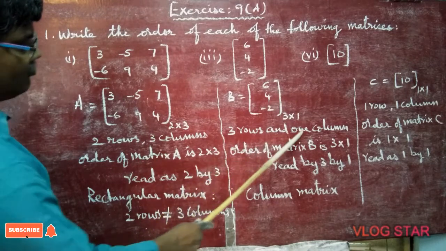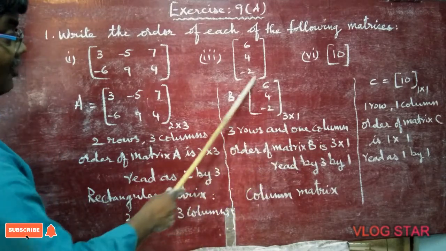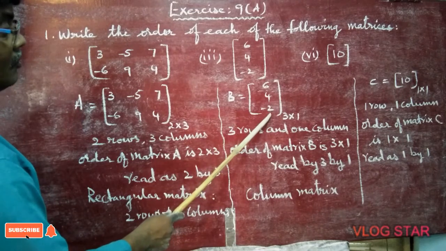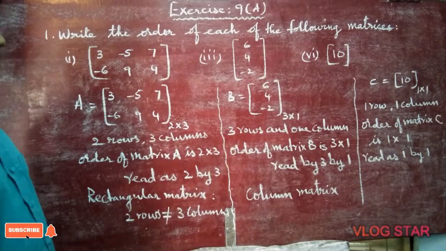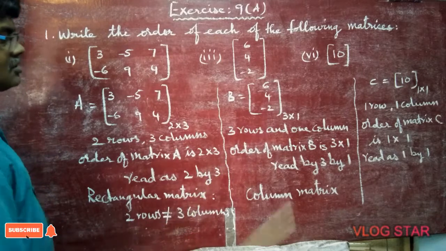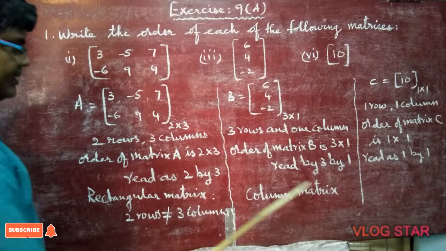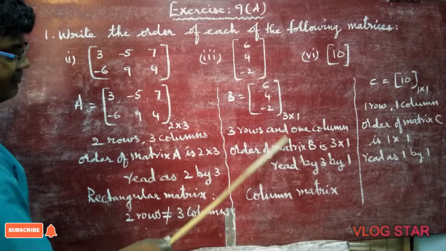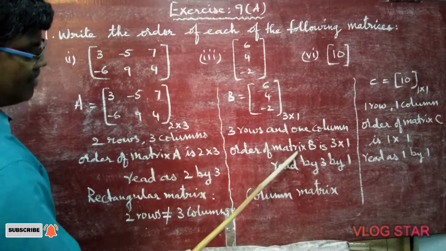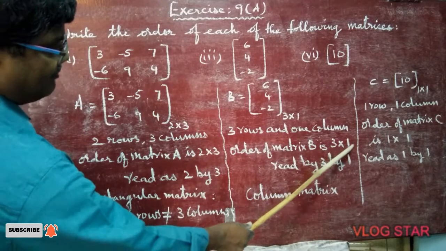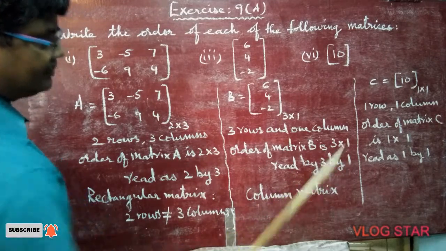We can call this a column matrix. A matrix having only one column is called a column matrix. So the order of matrix B is 3 by 1. We will read it as 3 by 1.